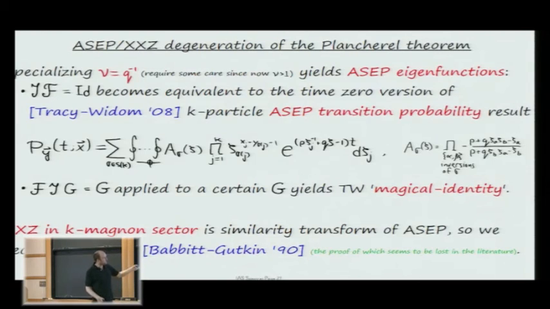So Tracy and Widom had proved that if you want to know the transition probabilities for ASEP from position y to position x, you write down this formula. Now, checking this, you set t equals 0, and you get some complicated formula which needs to be the identity. It needs to be the indicator function x equals y. Now, you can do a little bit of rejiggering of this formula and express it in terms of eigenfunctions, and in terms exactly of this expression. So you see that what Tracy and Widom did was actually prove the forward Plancherel identity, just not in the form that I've written it.